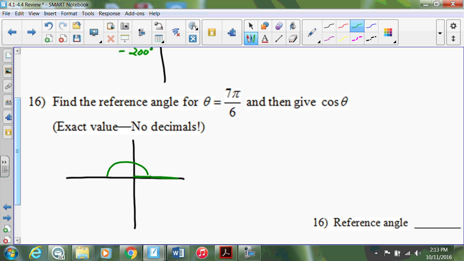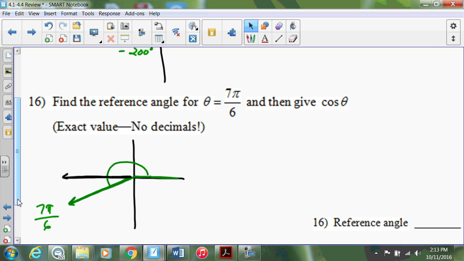I'd have to go 1 more pi over 6, and then what you would see would be the 7 pi over 6. But a reference angle is, hey, how far is this terminal side of the angle away from the closest side of the x-axis? So it's saying, hey, what's this measurement here, and give it to me positively.